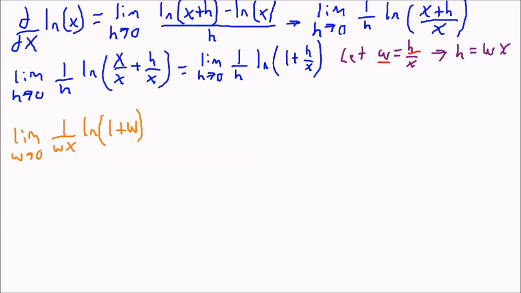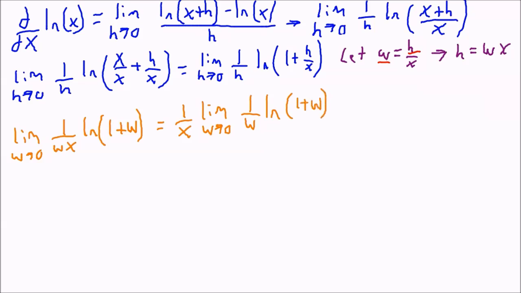One thing I notice now is that my 1 over x is going to be a fixed constant during this limit evaluation, so I can move it out in front. We'll say 1 over x, limit as w approaches 0 of 1 over w, ln of 1 plus w.